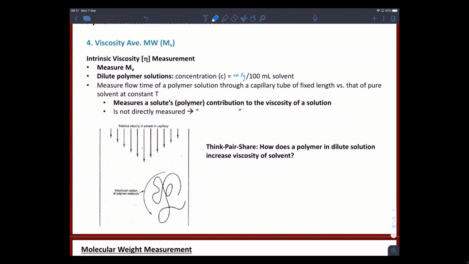So we're comparing our solution against a pure solvent in a capillary tube, which has a fixed length. And what that does is it measures a solute's polymer contribution to the viscosity of the solution because we're directly comparing it. So we don't directly measure it, we have to calibrate.